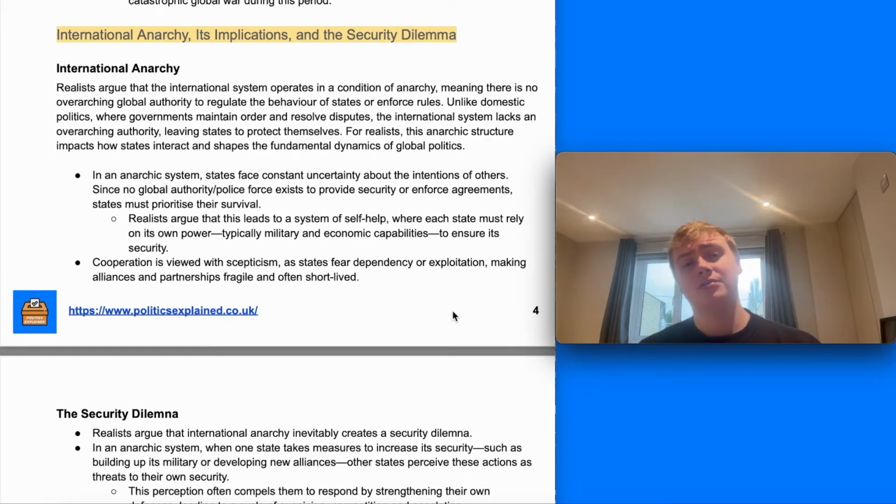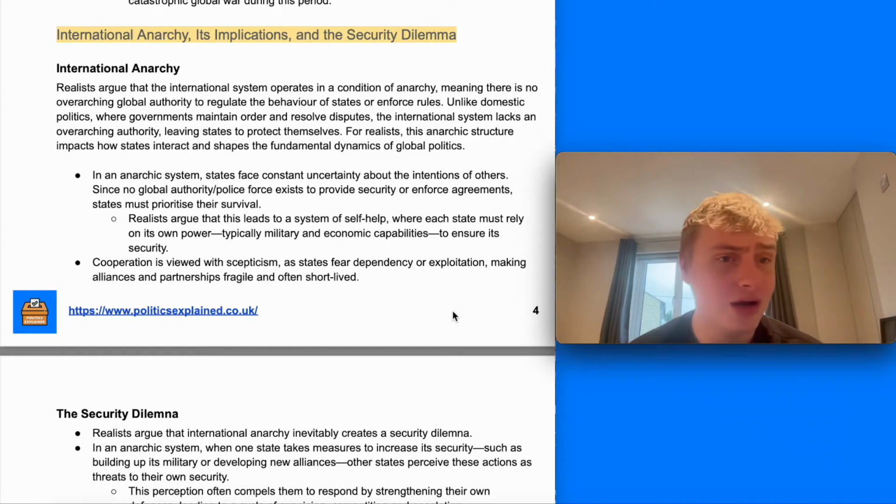As we've looked at, international anarchy is another key idea of realism. Realism argues that the international system operates in a condition of anarchy, so there's no overarching global authority to regulate the behaviour of states or enforce rules.